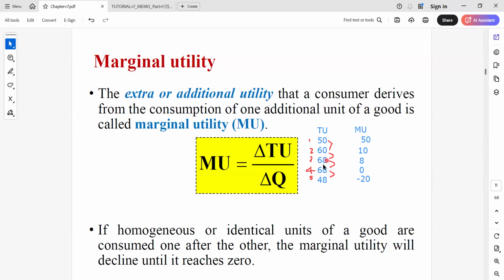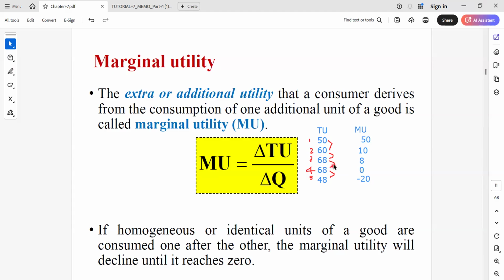You should have stopped at the third, but maybe you're greedy. I don't mean that, but you continue to take the fourth burger, hence your total utility is the same, and the extra satisfaction that you are getting is 0. You're not getting any satisfaction now. You are full.